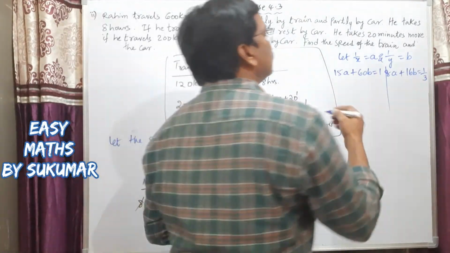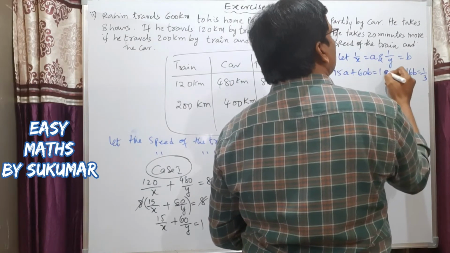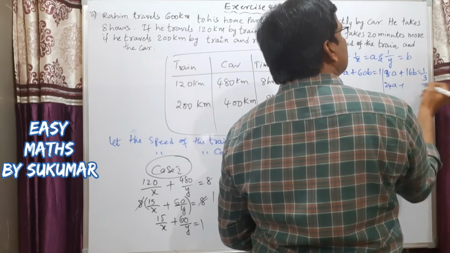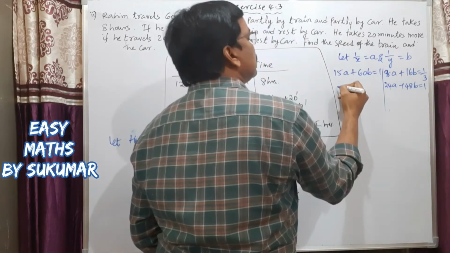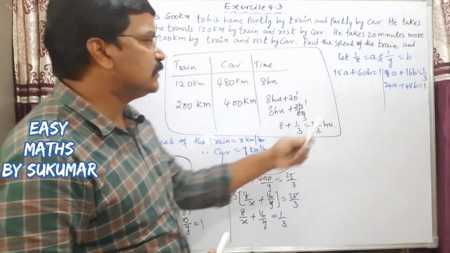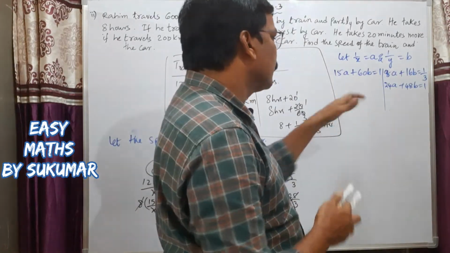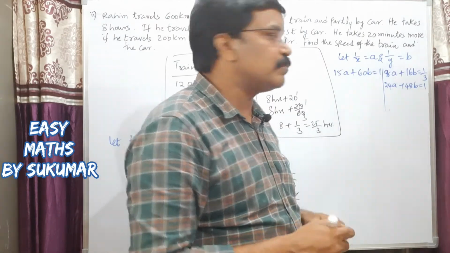Now my dear students, let us simplify here. Multiplying the second equation by 3, 3 8s are 24a plus 3 16s are 48b is equal to 1. Here the first is 15a plus 60b is equal to 1. If you observe these two equations, we solve them using the substitution method.